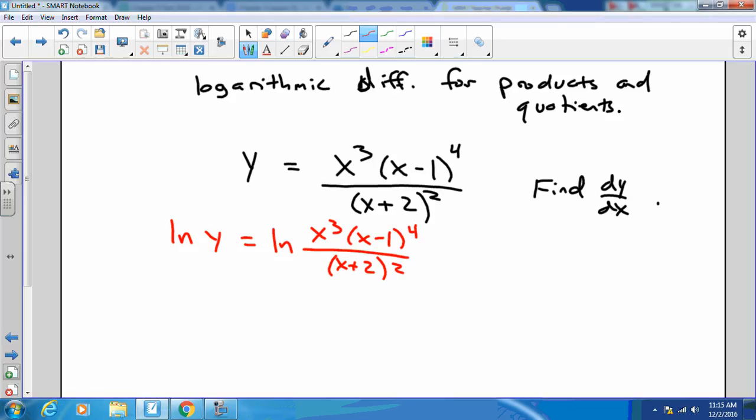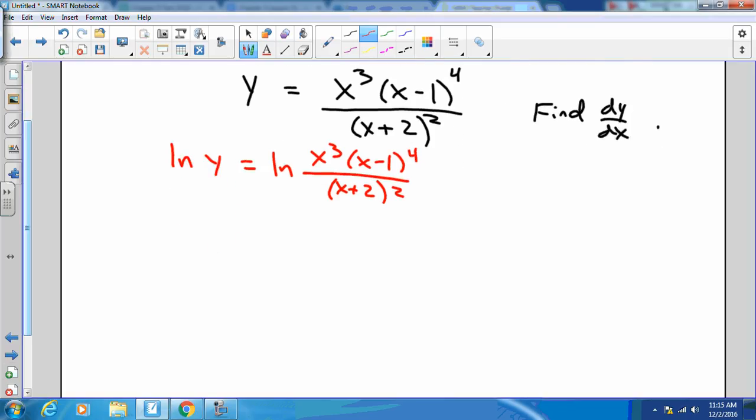If I simply take the natural log of both sides, now I can do a logarithmic decomposition on this side right here. I could rewrite that as ln of the top minus ln of the bottom.